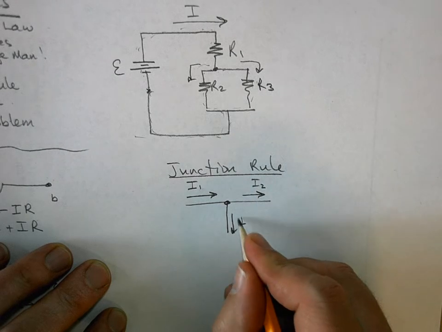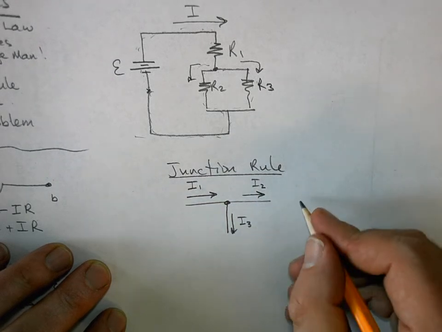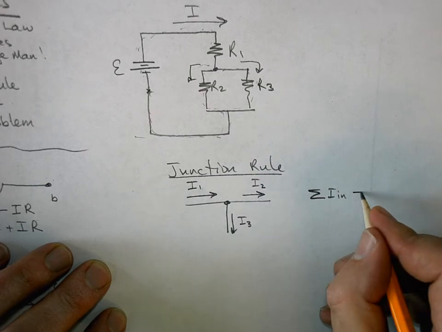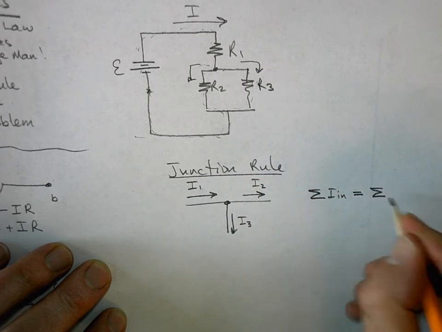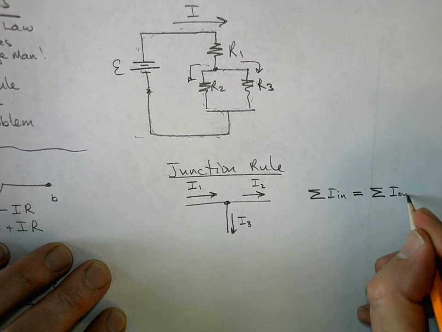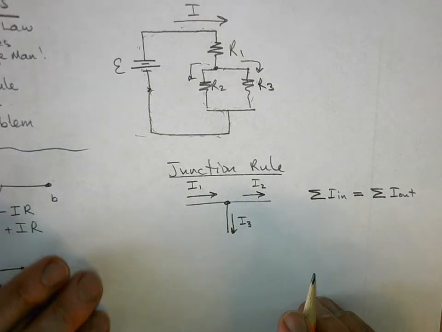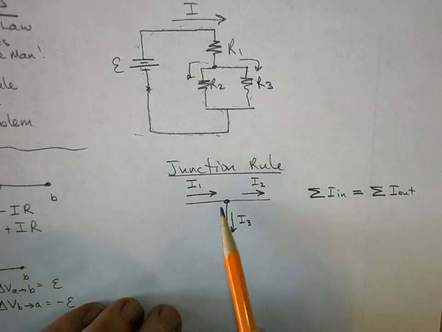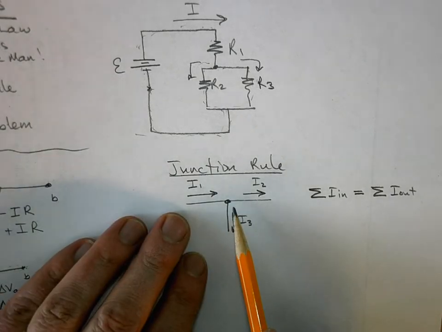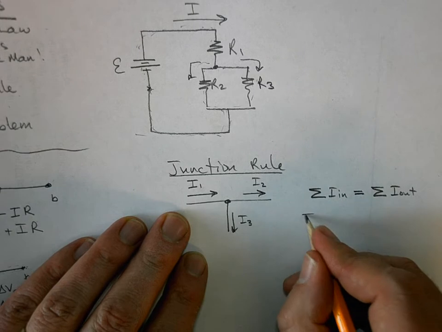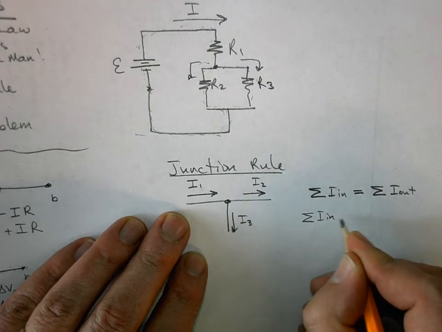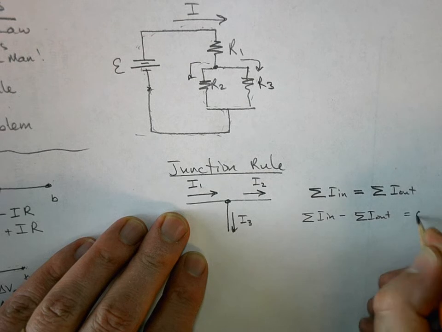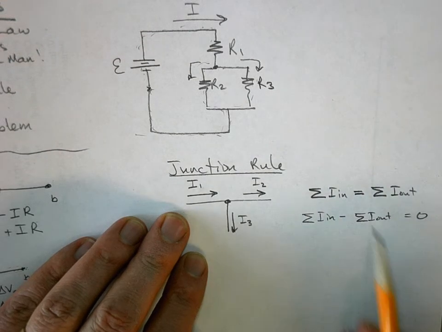I2, and I3. And then what we can say is, hey, if you add up all the currents going into a junction, it has to be equal to all the currents coming out. Or actually, hey, when you add up all the currents going in and then you subtract all the currents going out, it equals 0. That's another way of writing this junction rule, right?